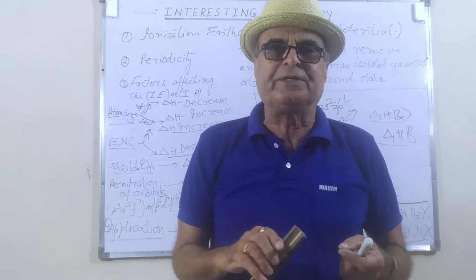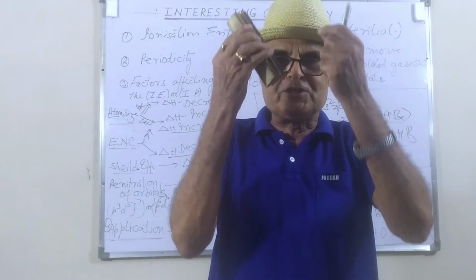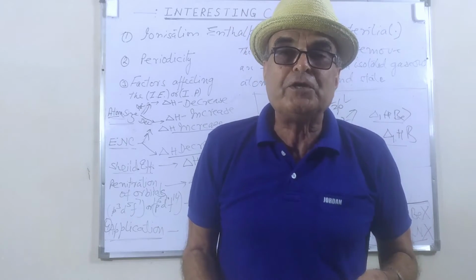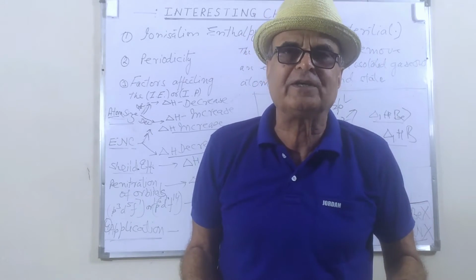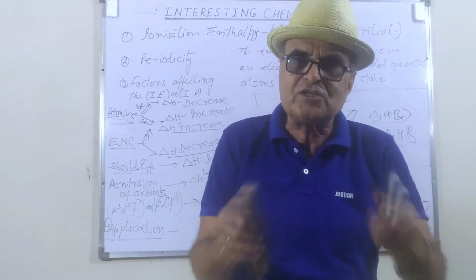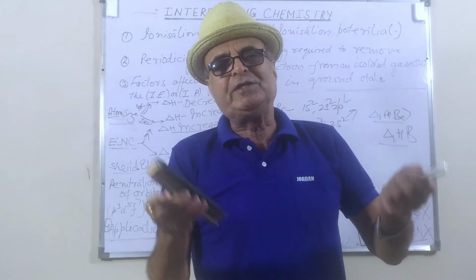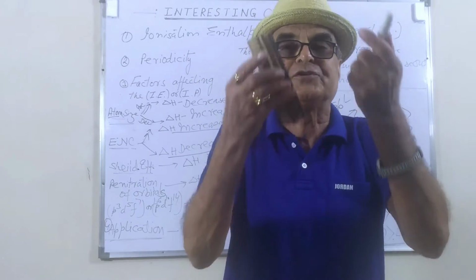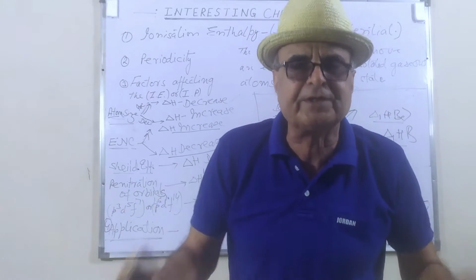P2 is an unfilled orbital, p3 is a half-filled orbital, p6 is a full-filled orbital, p4 and p5 are unfilled orbitals. So the stability of the half-filled and the full-filled orbital is greater than any other unfilled orbitals.